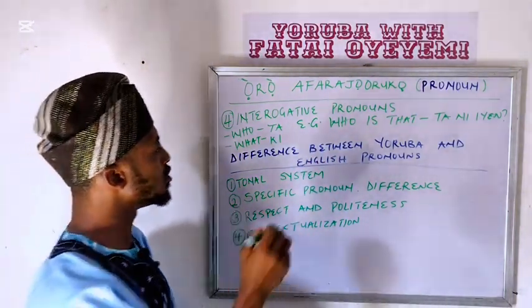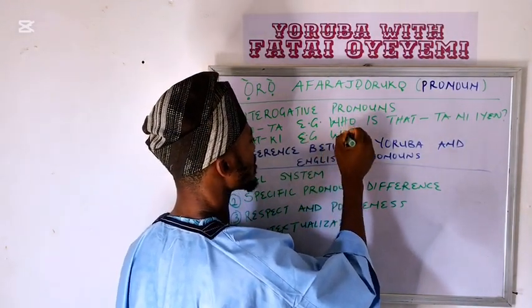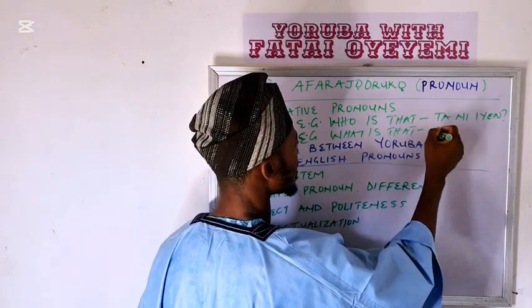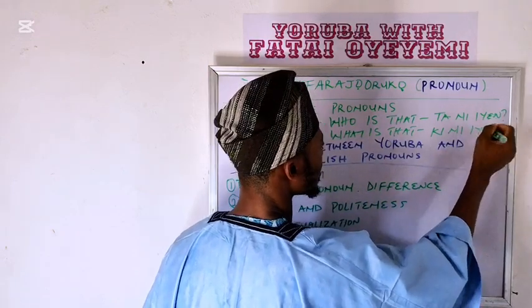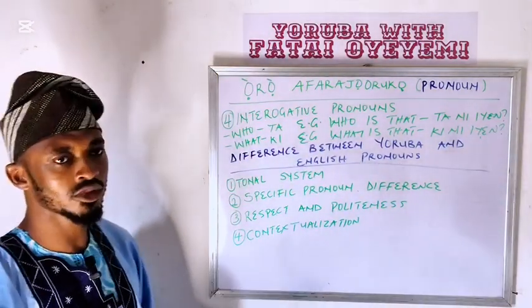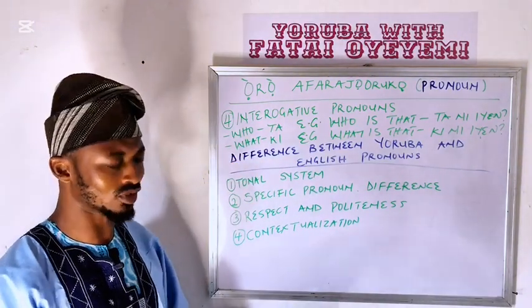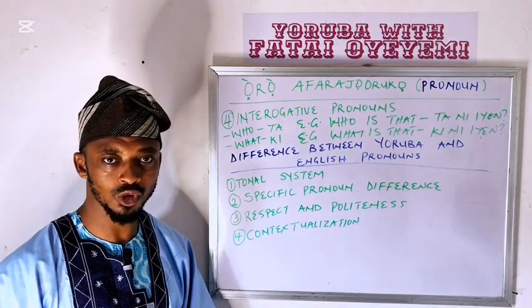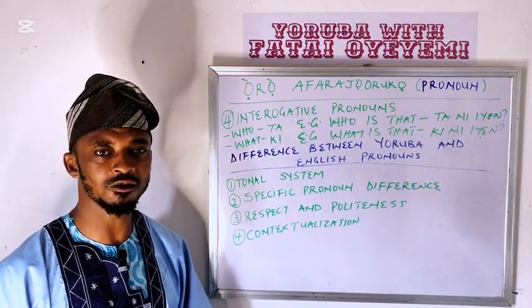So, for example, what is that? Ki ni iyen. So we have who, ta, and what, ki. So this one is just basic and straight to the point. It's not that complex.